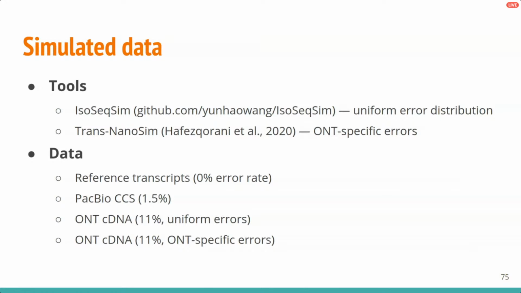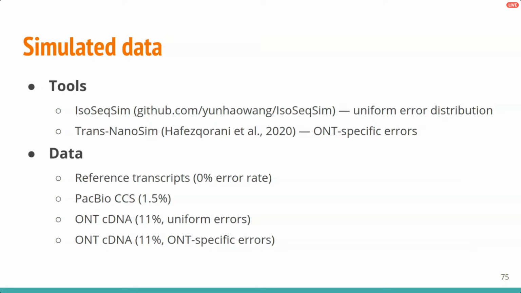We used reference transcripts, so full-length transcripts with 0% error rate. We simulated PacBio CCS with about 1.5% error rate. Probably it's a bit more than they report on their website. They say their error rate is very low, but it all depends on how many consensus passes, how many raw reads you use for your consensus.